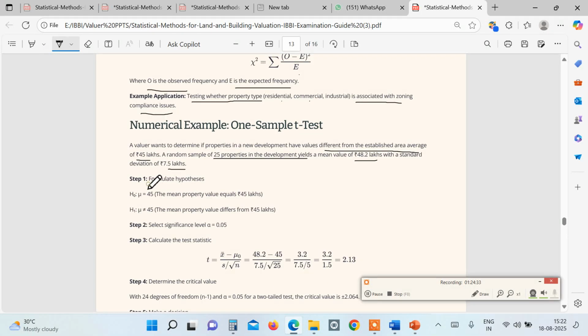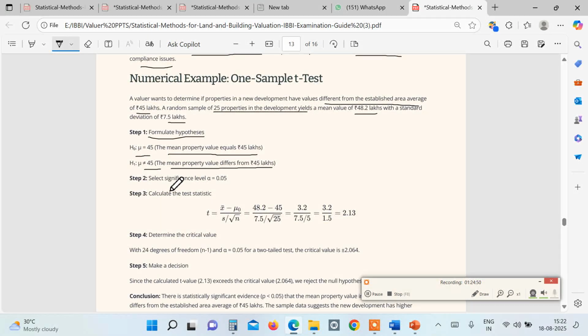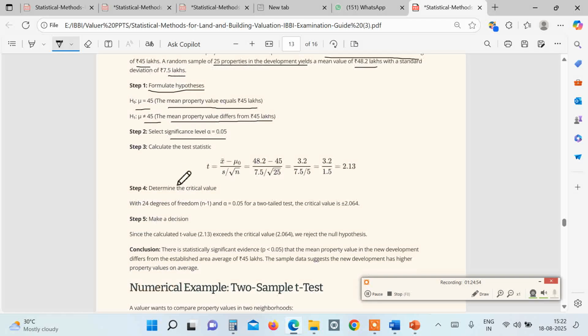Step 1, we formulate the hypothesis. H0: mu equals 45, we assume the mean property value equals 45, and H1: mu is not equal to 45, meaning the mean property value differs from 45. Let us assume a significance level of 0.05. Now calculate the test statistic. t equals x bar minus mu 0 divided by s over the square root of n.